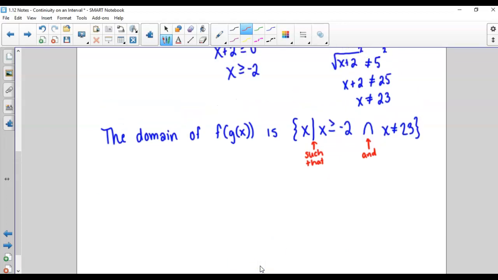You also could use interval notation for this. You could say that the domain is your lowest possible value is negative 2 up to 23, but I would use a parentheses for that. And then from 23 to infinity. So you could exclude that value at 23 by using those parentheses there.